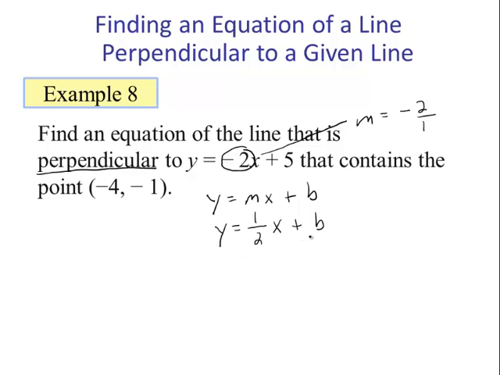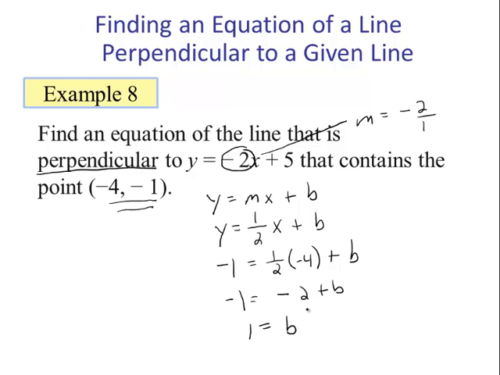Now to finish this equation we have to find b, and since we know that it contains this point, we can use this point to find b, just like we did in the previous video. -1 is the y coordinate, the x coordinate is -4, and we are solving for b. So 1/2 times -4 is -2. Adding 2 to both sides, we get 1.